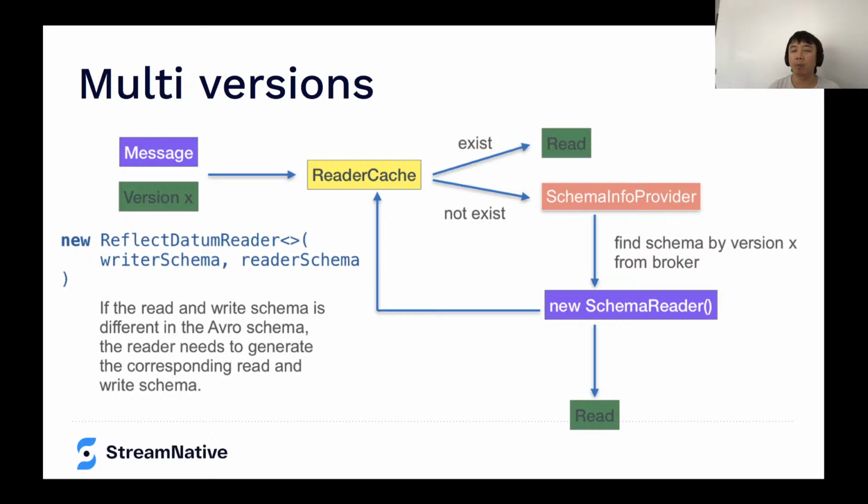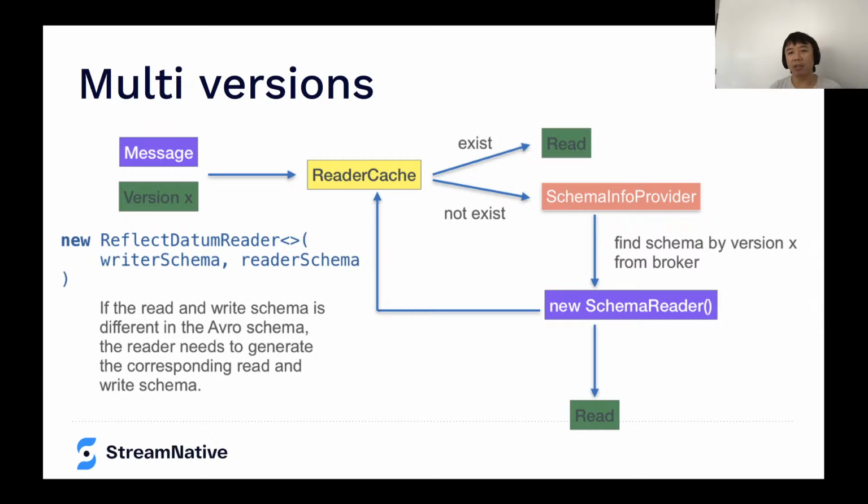From the application side, you can just get the message, and the message returns the schema information to you. You can even use the schema reader cache to get the exact schema information if you need. So this is the multi version.